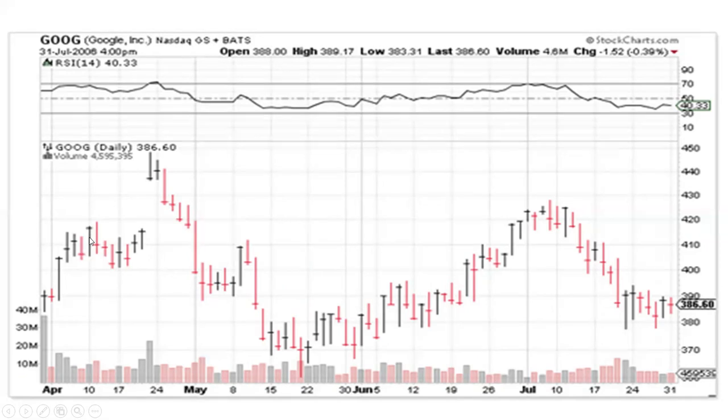But if the closing price on a particular day is higher than the closing price of the previous day, like in this situation or in this situation, the bar is black, right? So red bars show a downward trend in closing price as compared to the previous day's closing price, and a black bar shows an upward movement in closing price on a particular day as compared to the closing price of the previous day.